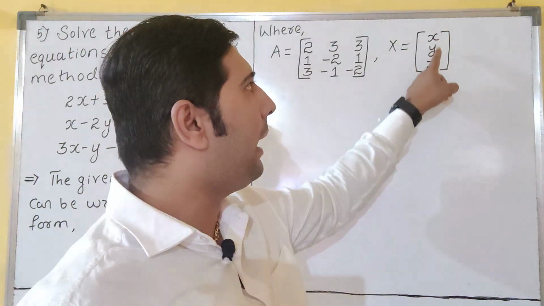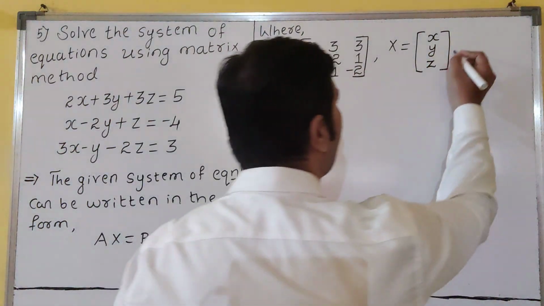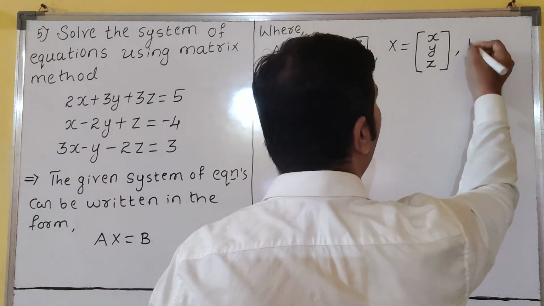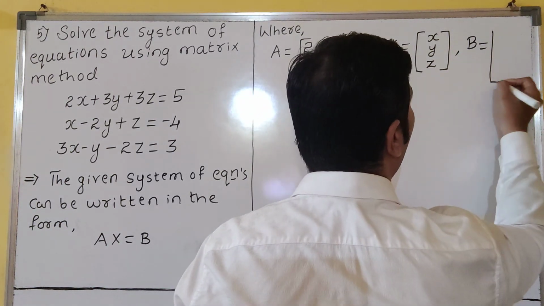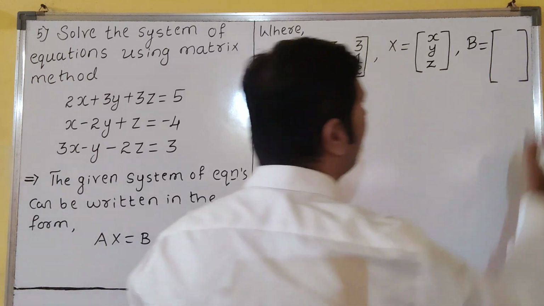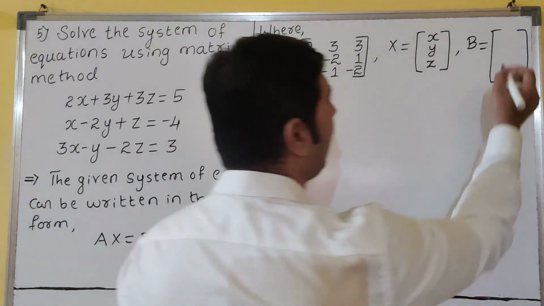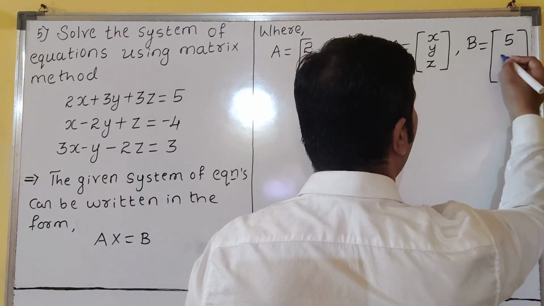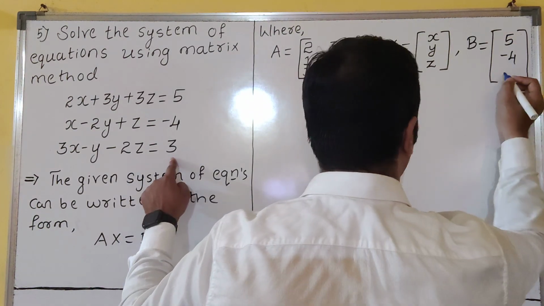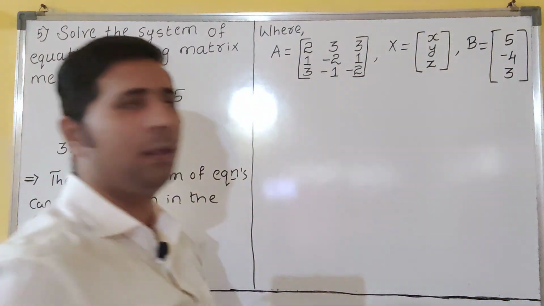Capital X is x, y, z. And now next is capital B. Capital B you have to write like this: 5, minus 4, 3, dear students.